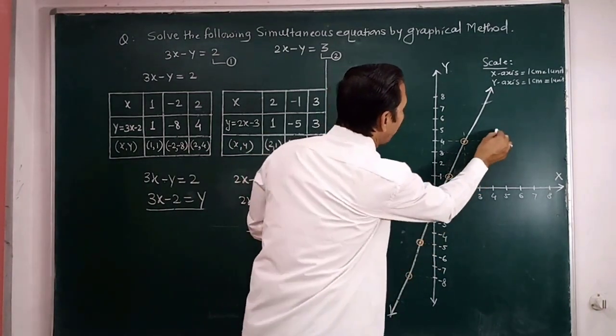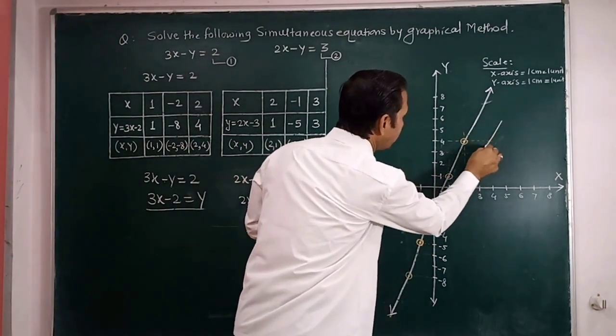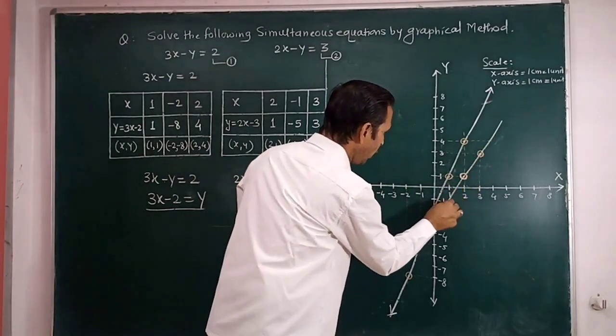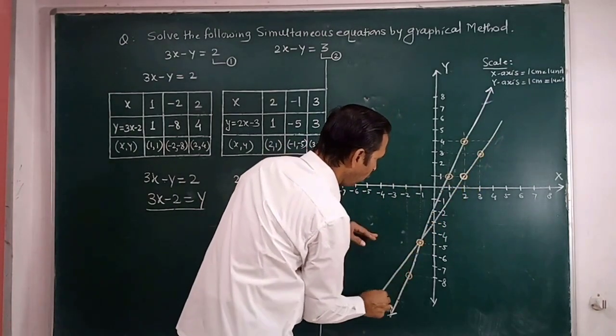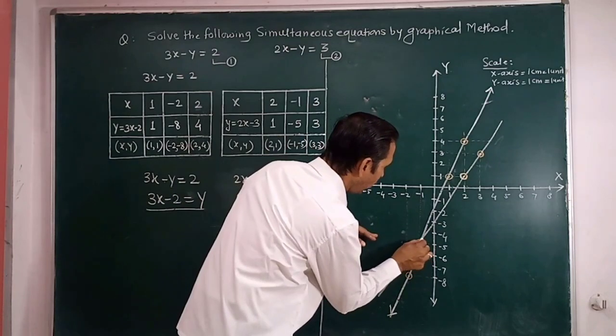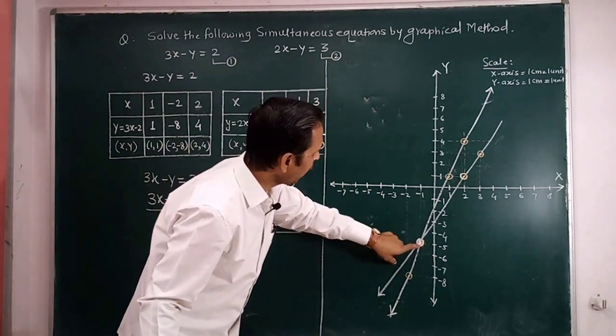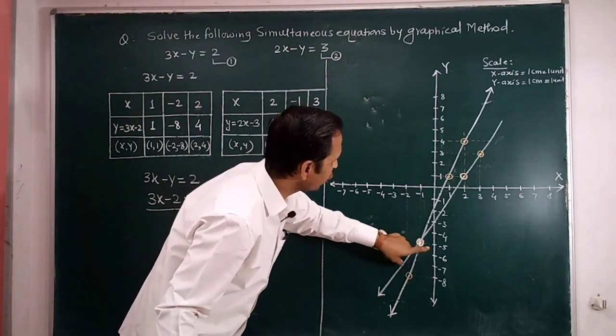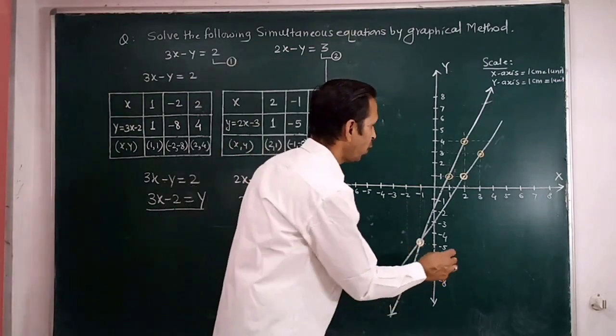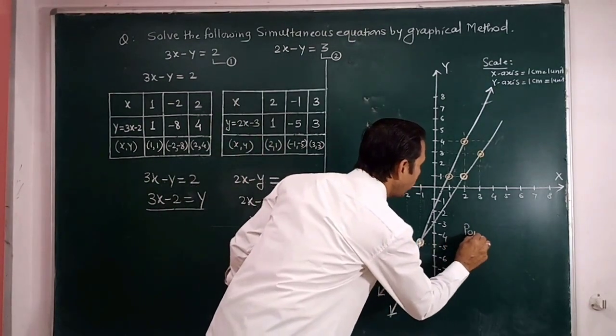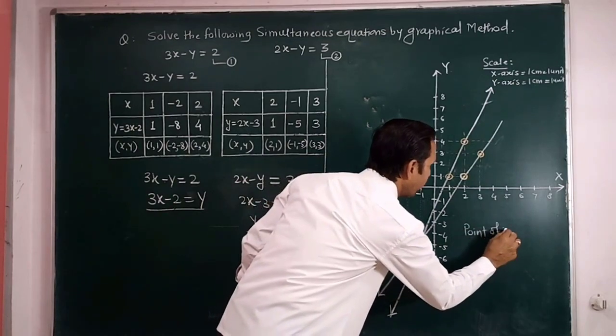Now if you draw the line passing through the 3 points, you will observe that these 2 lines intersect at the point minus 1 comma minus 5, means the point of intersection.